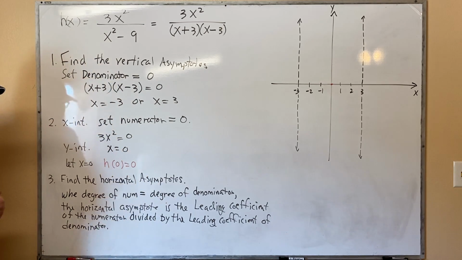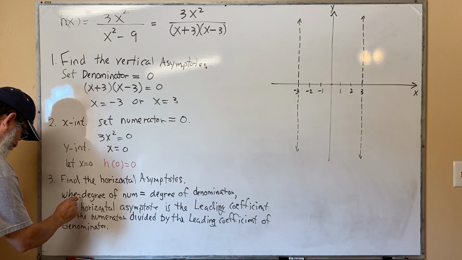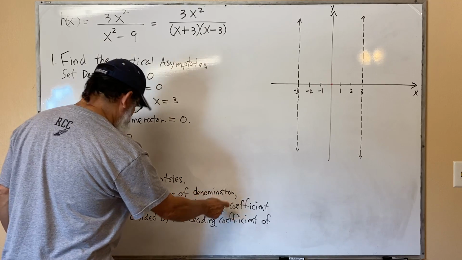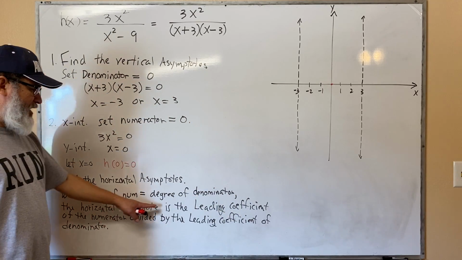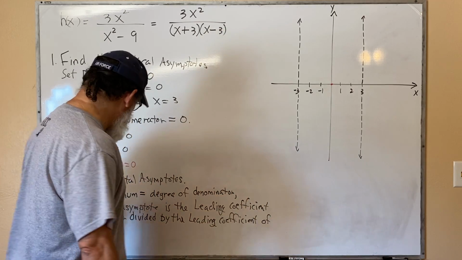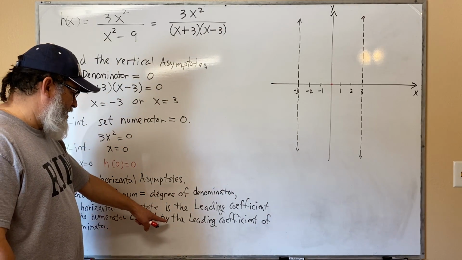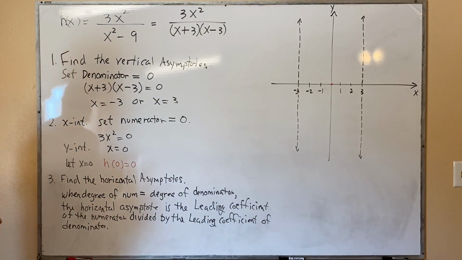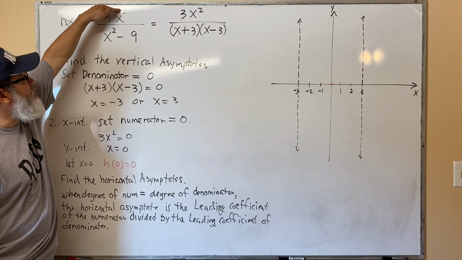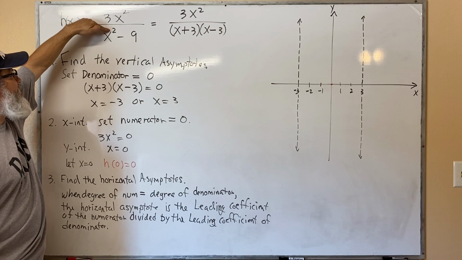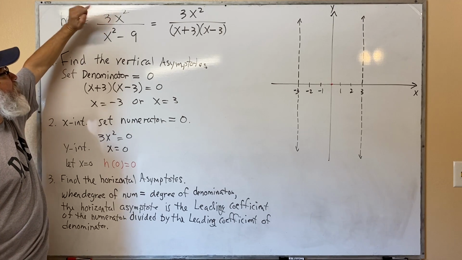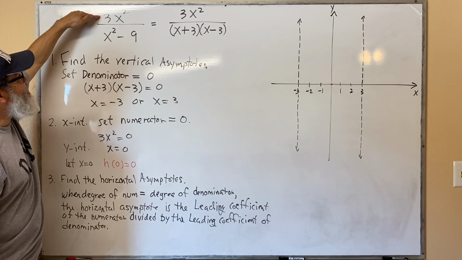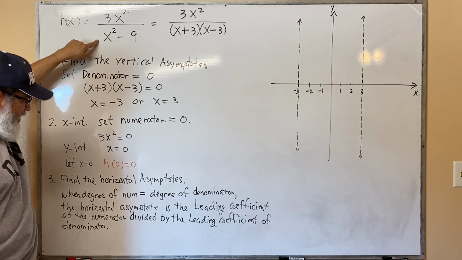So the horizontal asymptote is the leading coefficient of the numerator, which is 3, divided by the leading coefficient of the denominator, which is 1.